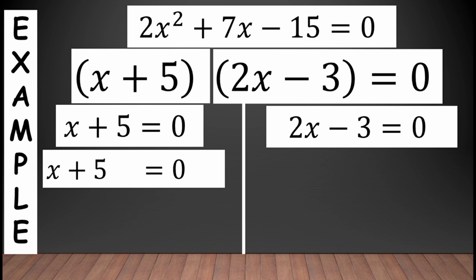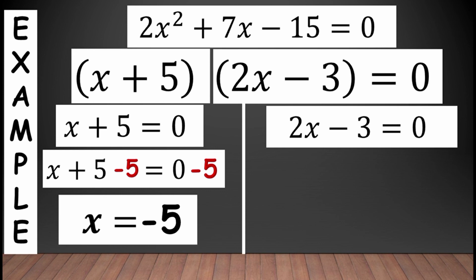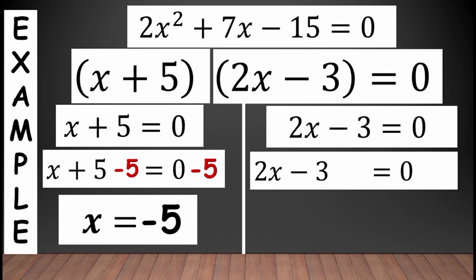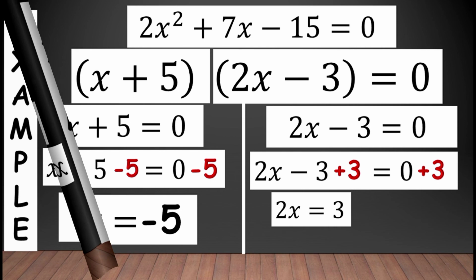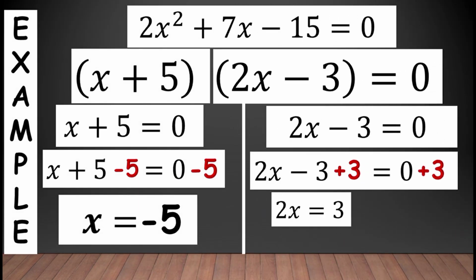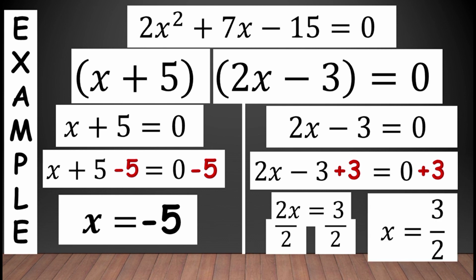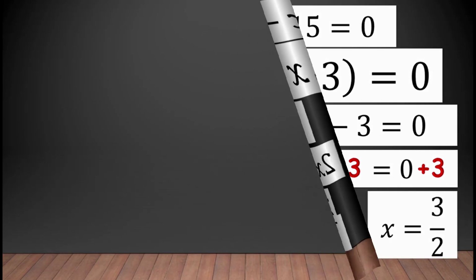Using subtraction property of equality, subtract both sides by 5, simplifying it, x is equal to negative 5. This would be our first solution. While 2x minus 3 equals 0, using addition property of equality, adding both sides by 3, it will lead us to 2x equals 3. Divide both sides by 2. x therefore is equal to 3 halves.